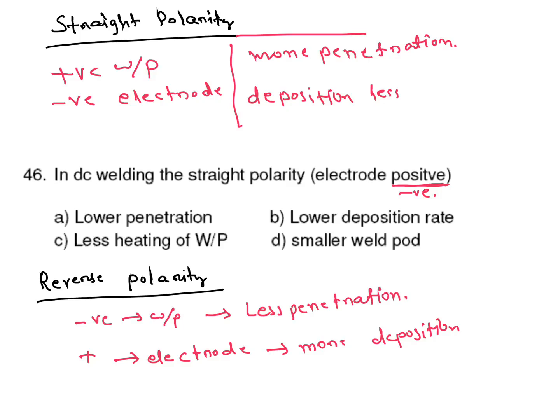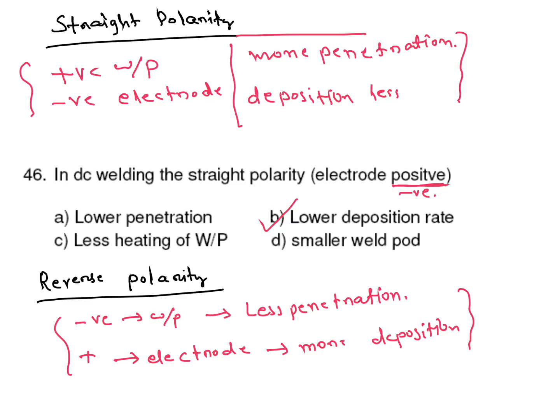Straight polarity they may ask, and reverse polarity also. These two conditions they may ask. So in this question, DC welding straight polarity or electrode negative, more penetration and less deposition. So less deposition, B is our answer.